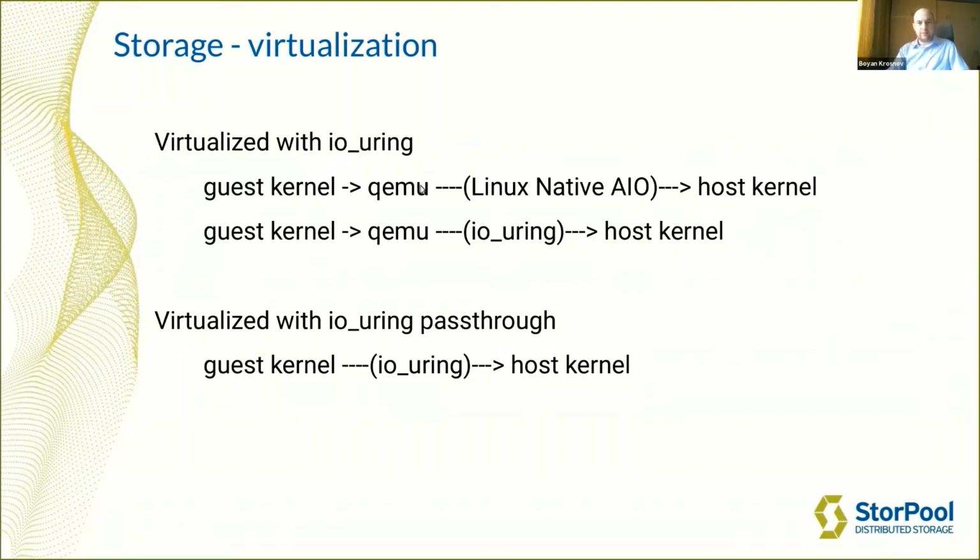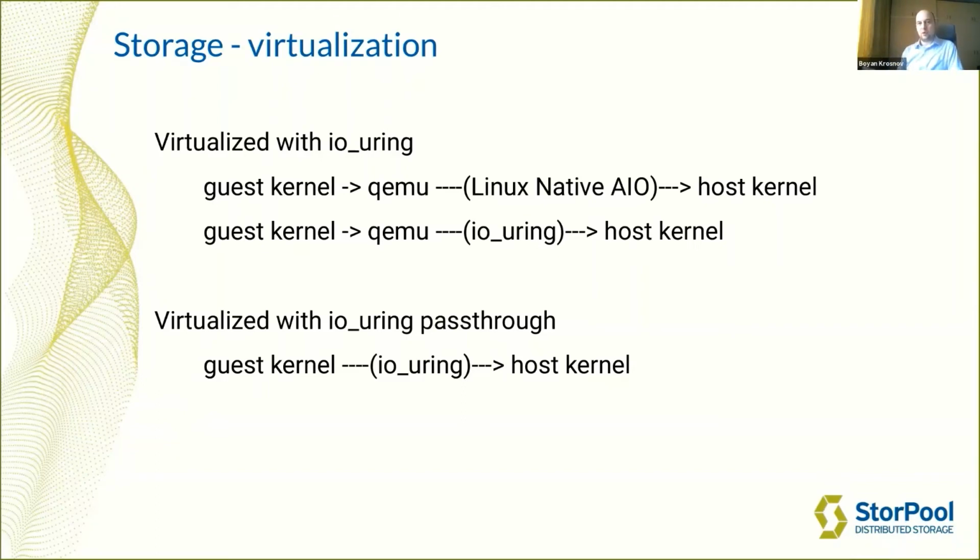Instead of the QEMU process using direct I/O, Linux native I/O, to get to the host kernel, the QEMU process can use this new mechanism in the Linux kernel, which is similar in some ways to vhost in that it uses shared memory between the two communicating parts, the QEMU process and the kernel.